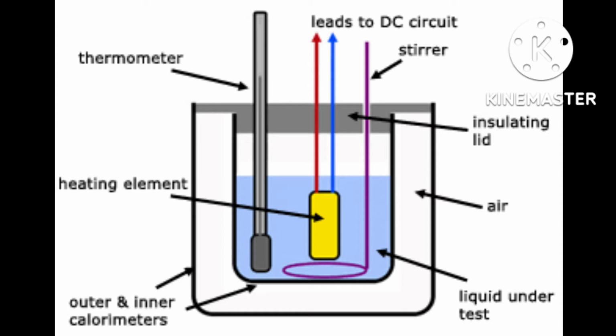Okay. Then here, the delta U value you can easily determine. Delta H and delta U are both related. I told you delta H is equal to delta U plus delta n RT.